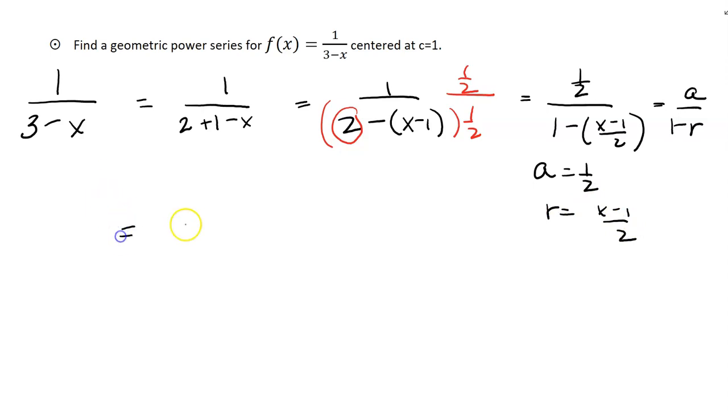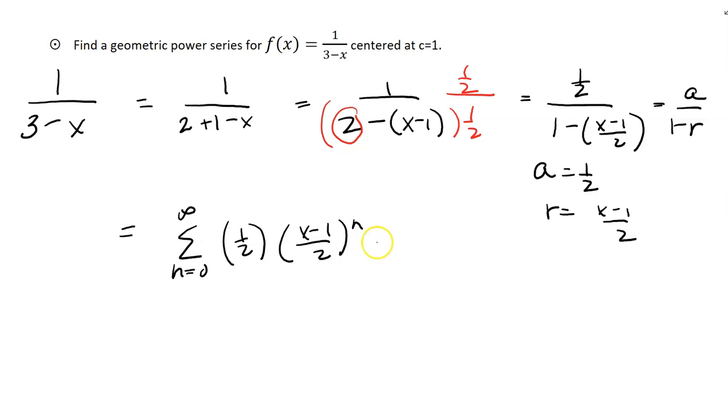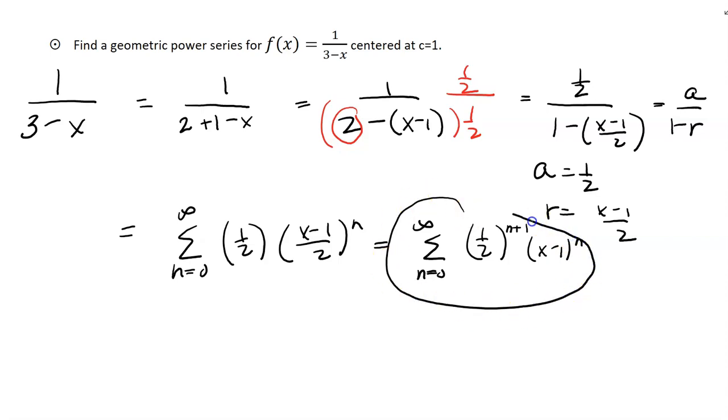So this is going to be equal to the sum from n equals 0 to infinity of 1/2 times x minus 1 over 2 to the nth power, or 1/2 to the n plus 1 times x minus 1 to the nth power. So this is my power series.